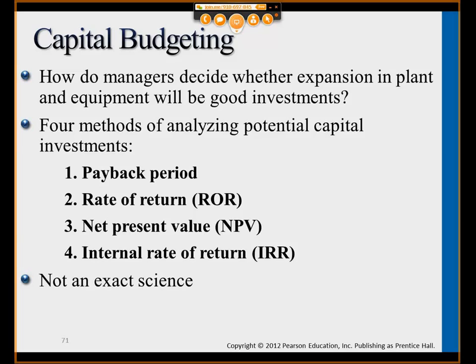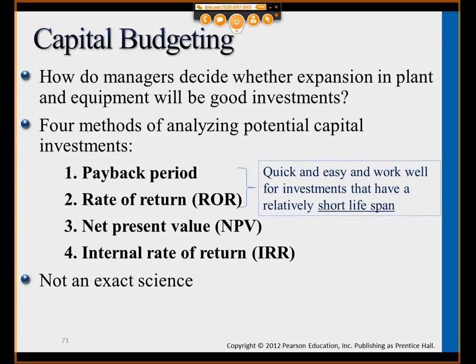There are 4 methods that allow us to analyze potential capital investment. First one is the payback period. Then rate of return. And these two are quick and very easy, and they work very well for investments that have a relatively short lifespan. Okay, so payback period and rate of return.